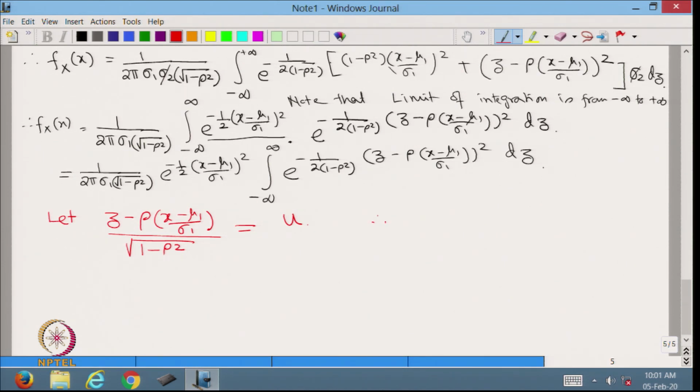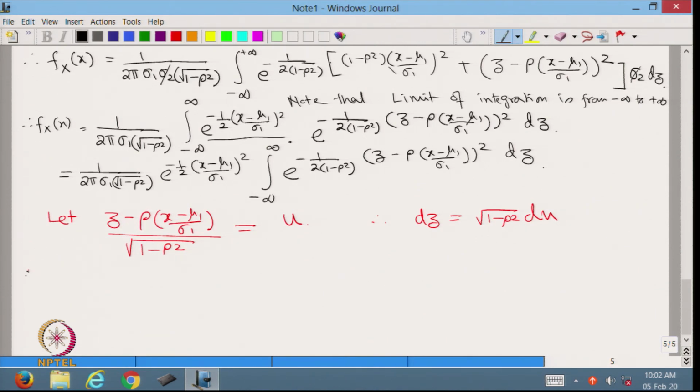Therefore, dz is equal to root over (1 − ρ²) du.